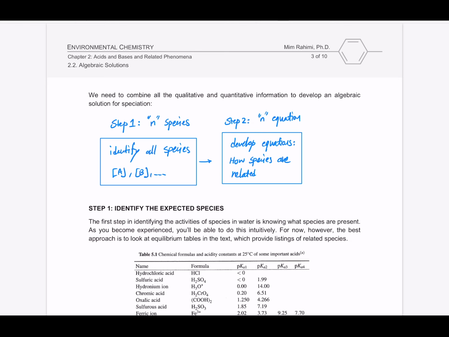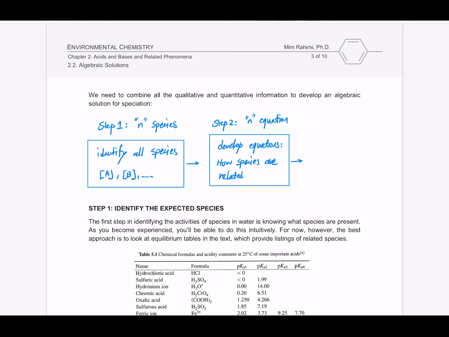And the third part, once we have equations for n unknowns, which would be the species, the third step would be basically solving them. So step 3 is solve. We could use algebra, we could use graphs, and so on.